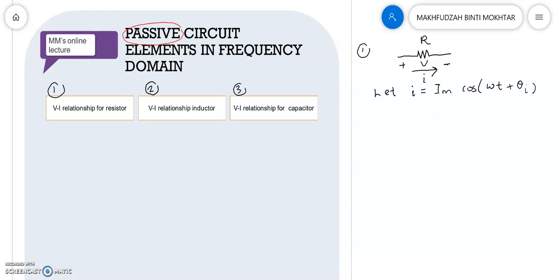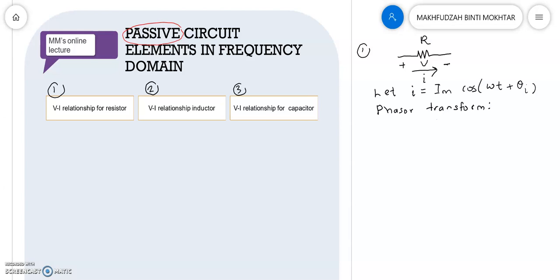We have also learned before that from the phasor transform, we transform the signal, or the current I here, into the frequency domain.